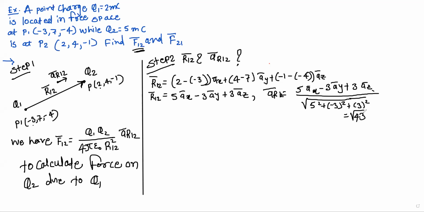Now a very important step, that is step 3. What is step 3? It is to use Coulomb's law and find out the force. Step 3, here I am going to write the formula.